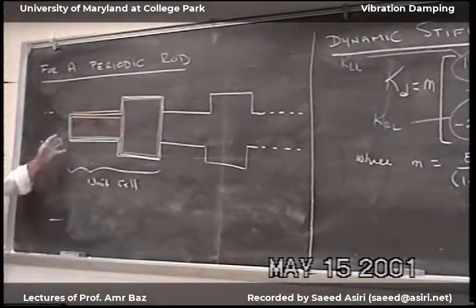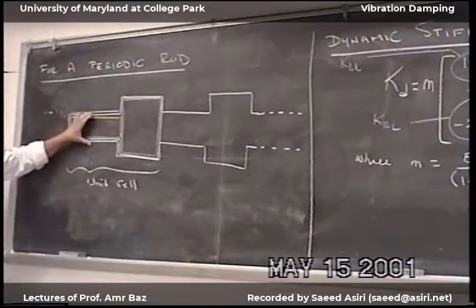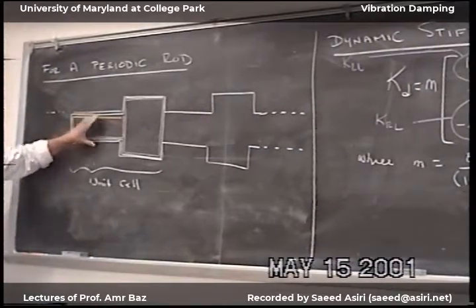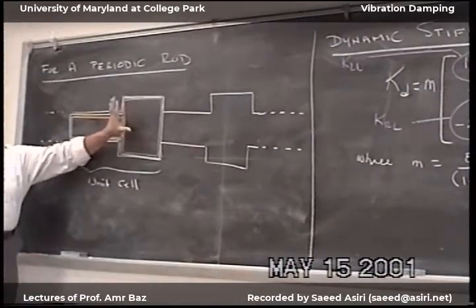Because this is one rod element that has this dimension, E and A, and all the properties. This is another rod element that has different areas and so on.